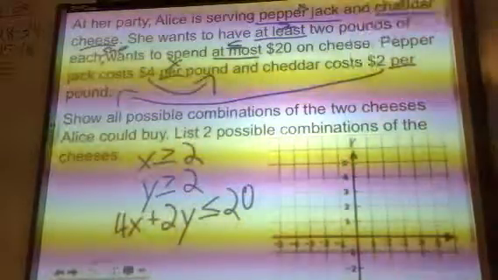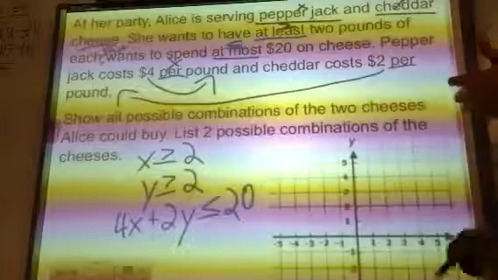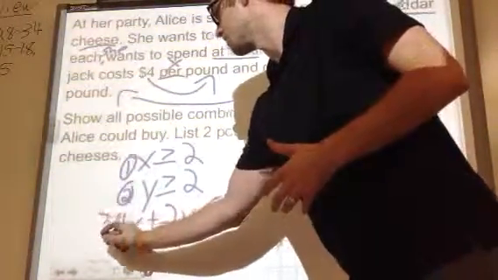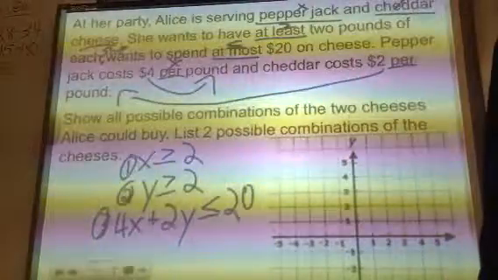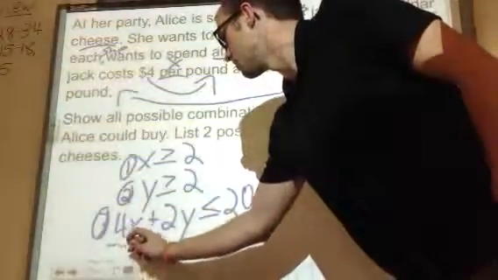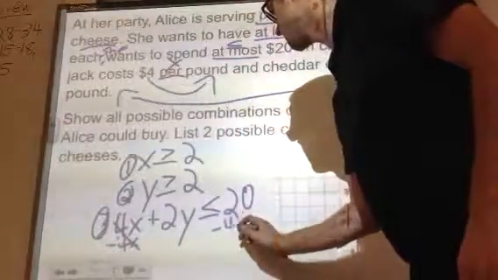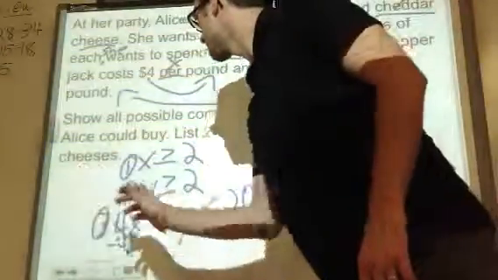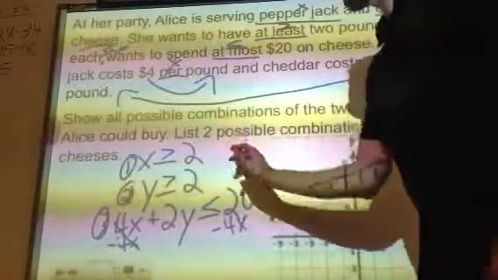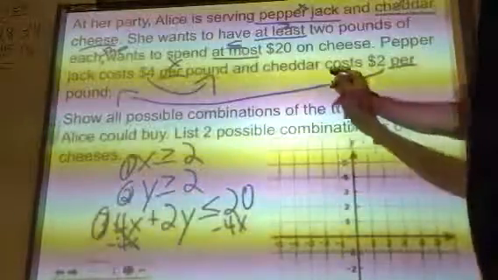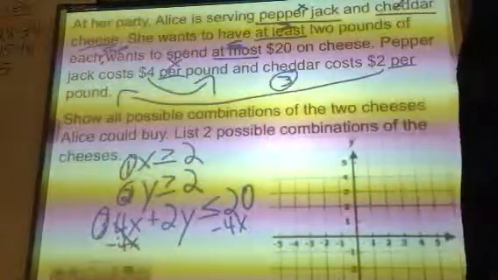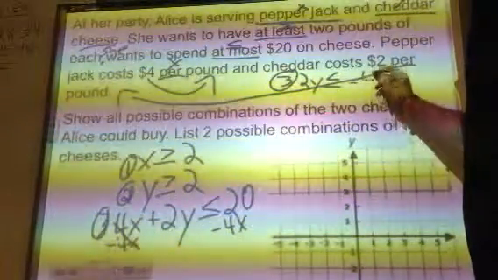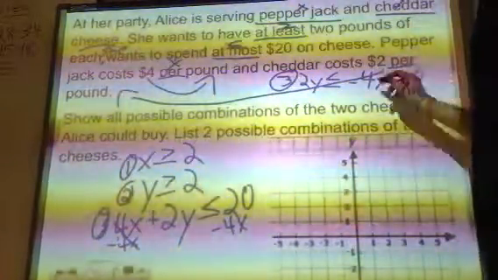Alright? So, just like we did in the last couple of examples, we're gonna graph all of these. There's inequality 1, there's inequality 2, there's inequality 3. First, we need to get inequality 3 in slope intercept. So we're going to subtract 4x on both sides. And then 2y is less than or equal to negative 4x plus 20.